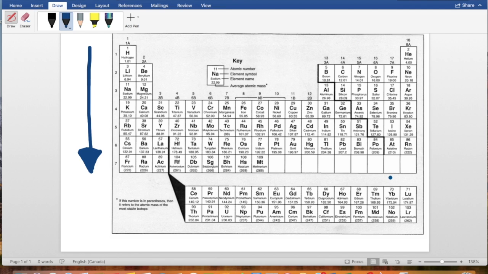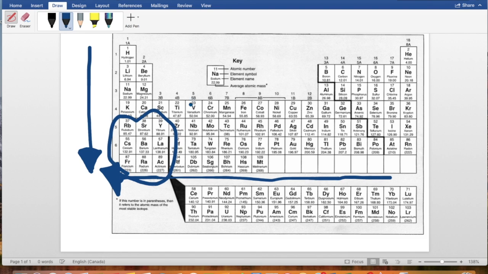So I'm going to draw an arrow this way just to point out that the atomic radius is higher towards the left side. As you can probably assume, the atoms in this corner have the highest atomic radius on the periodic table.